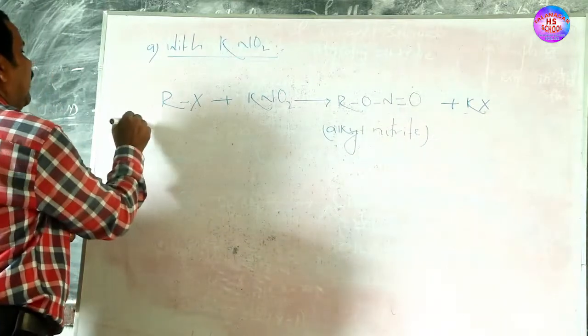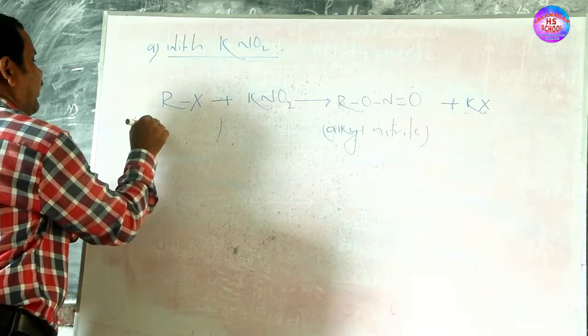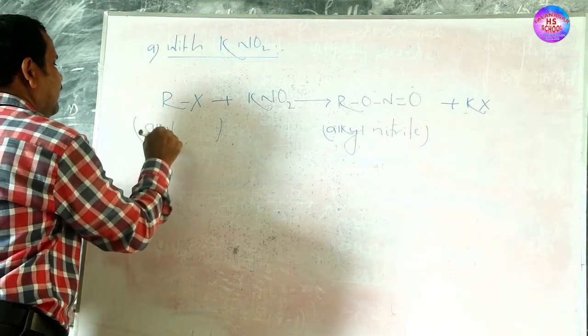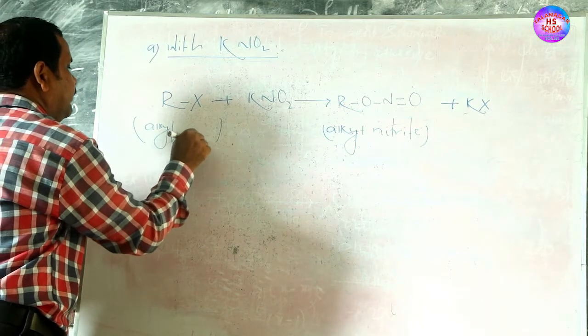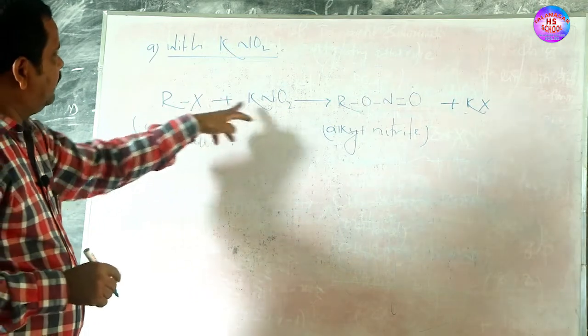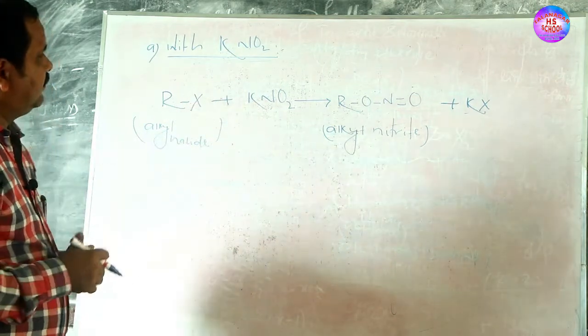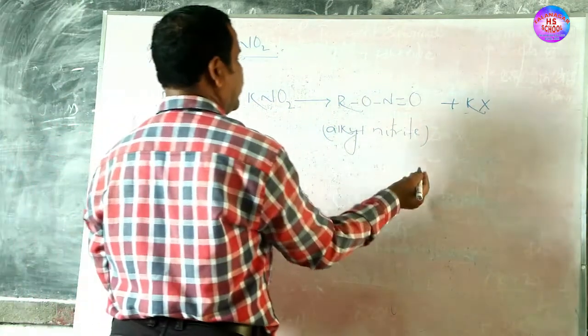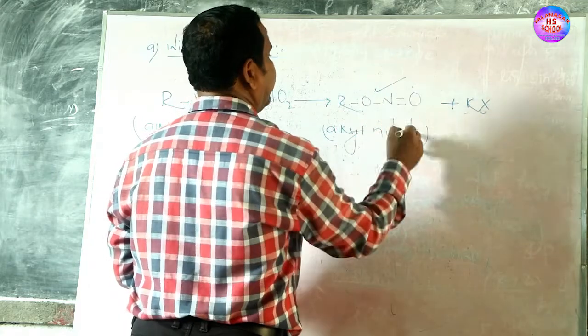RX is your alkyl halide, and alkyl halide reacts with potassium nitrite to produce the corresponding alkyl nitrite.